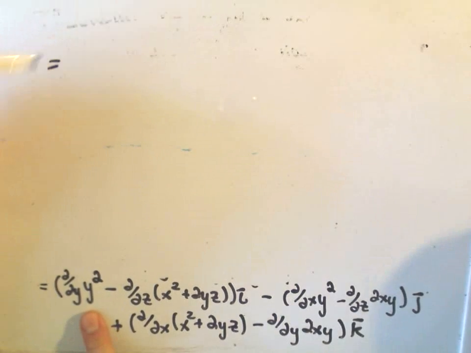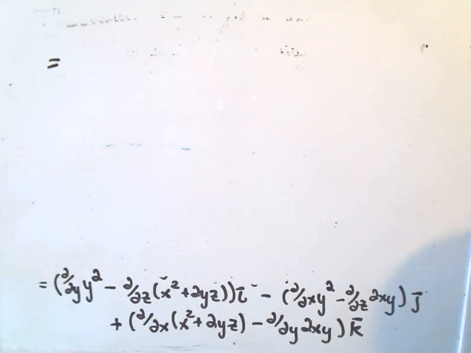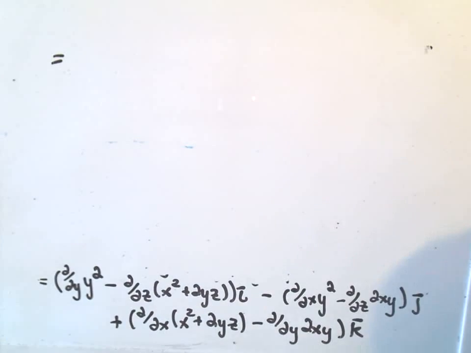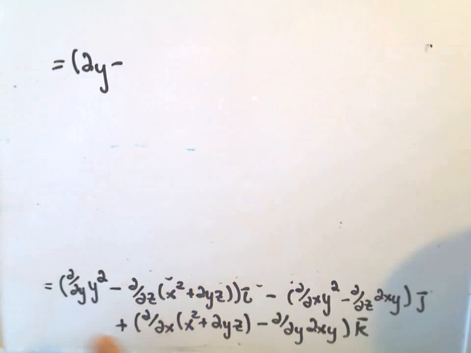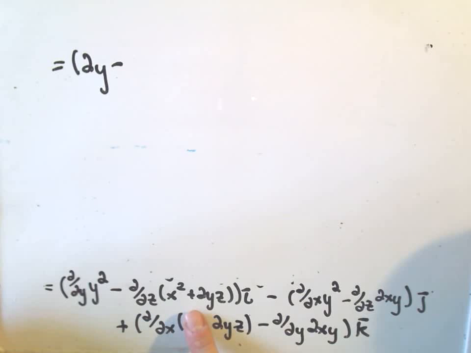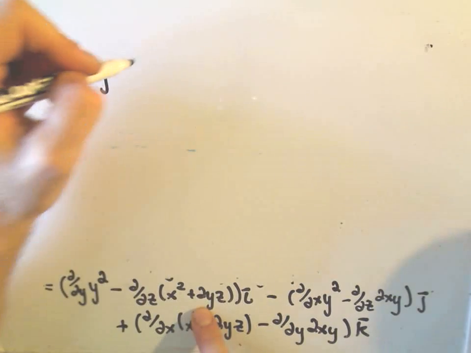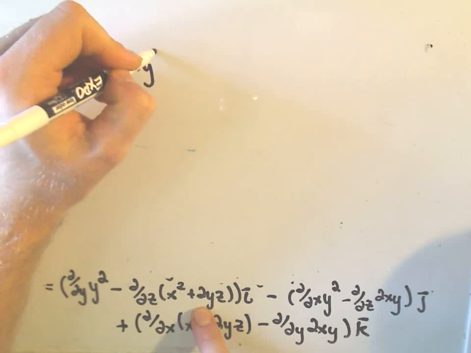So the partial with respect to y of y squared is simply 2y, minus the partial with respect to z of x squared, which goes away, then we've got 2yz, and the partial with respect to z is just 2y.